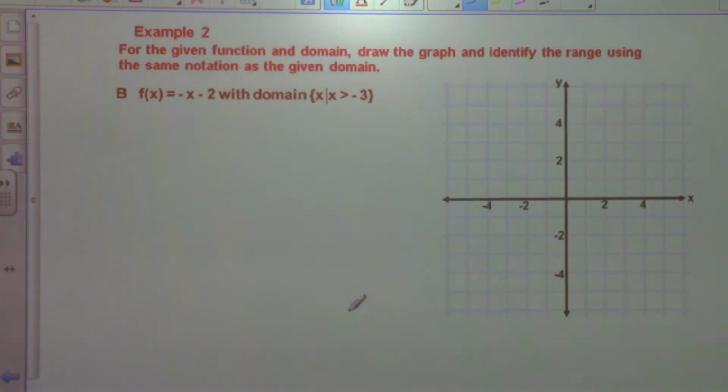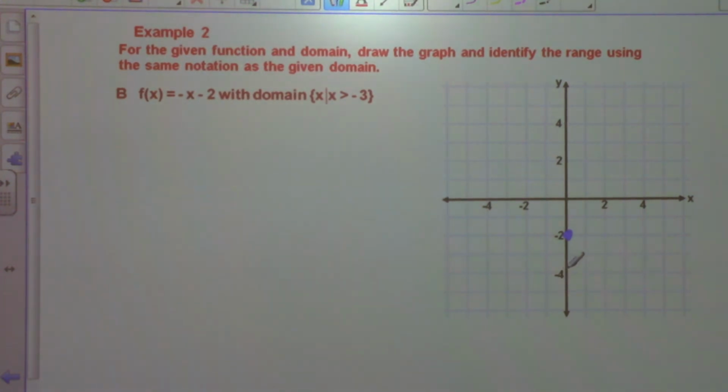Okay, this one here, example 2: for the given function and domain, draw the graph and identify the range using the same notation as the given domain. So what would you do for this one? So -2. Okay, so Stephen says -2. What happens at -2 and why?